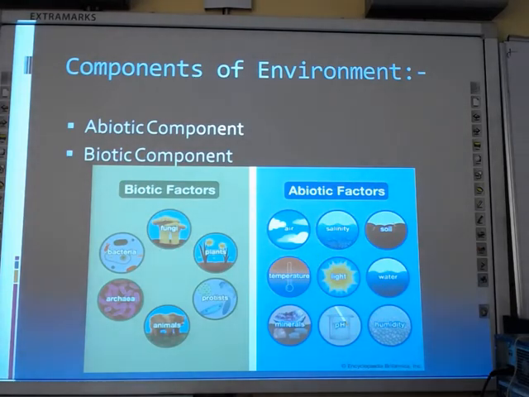Plants are living. Animals are also living organisms. And here abiotic factors: first, the air you can see, the temperature, minerals, light, soil, water, pH, humidity. All these things are included under abiotic factors.